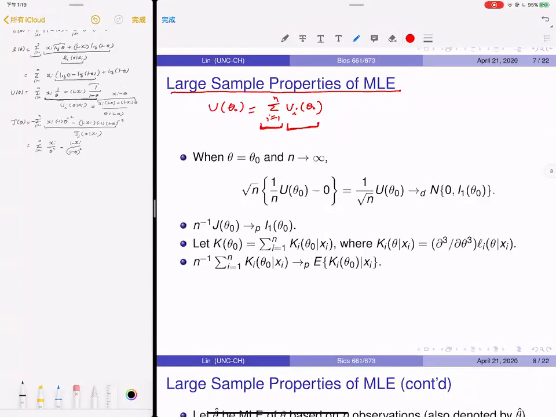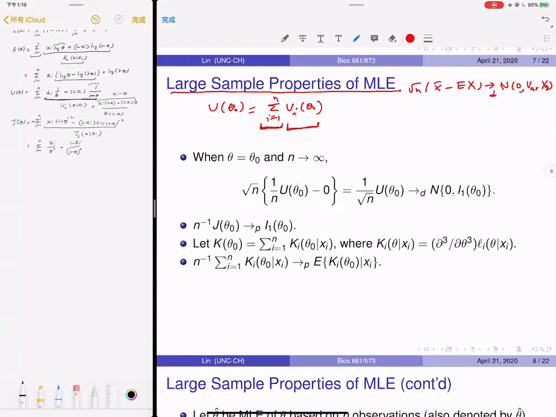Remember that? The central limit theorem says, for X bar, root n times (X bar minus the expectation of X1) goes in distribution to a normal with mean 0 and variance of X1. You imagine your U(theta) is something like X bar, using a summation from i equals 1 to n of U_i as a random variable.